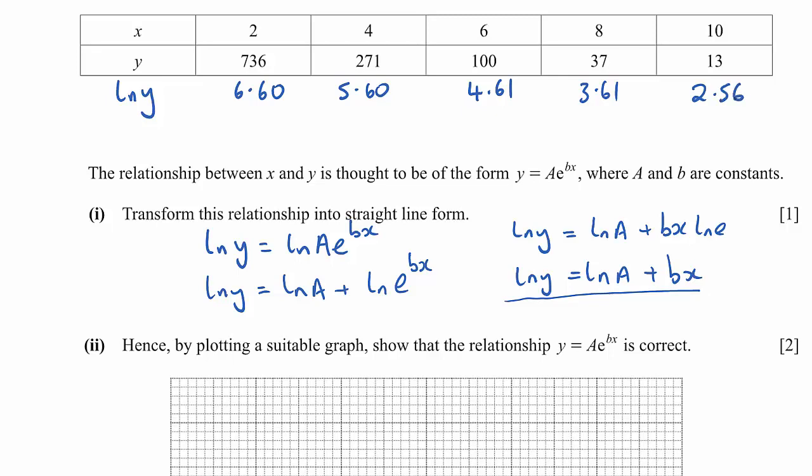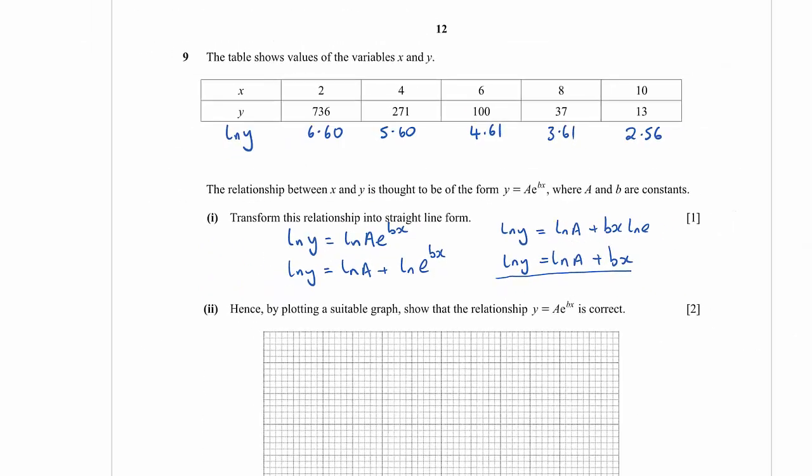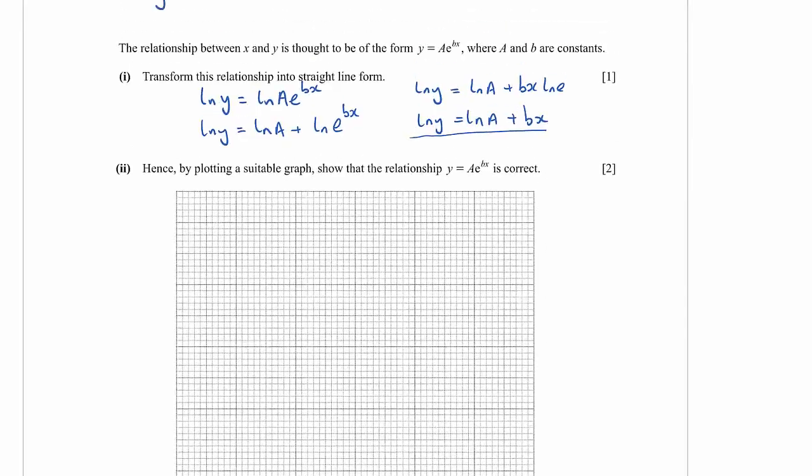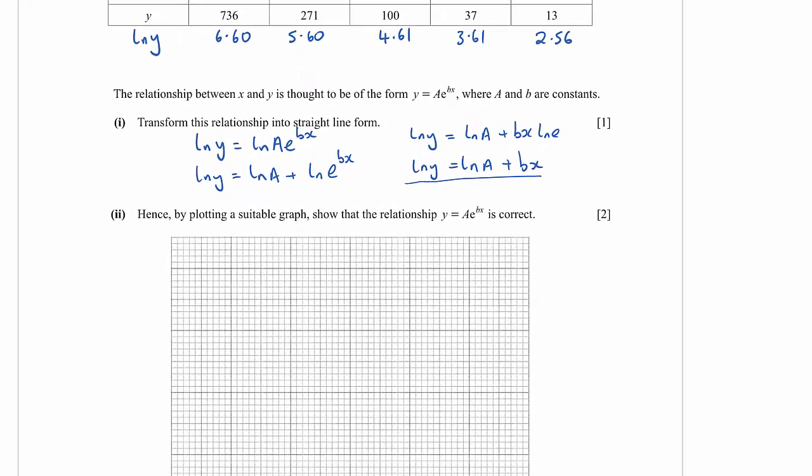Okay, so we need to plot the graph down here. Let's make that a bit smaller so that we can get it on the screen. The y-axis needs to go up to 6.6, so I could do that as 1, 2, 3, 4, 5, 6. That would do nicely.